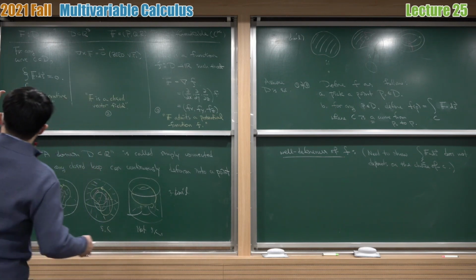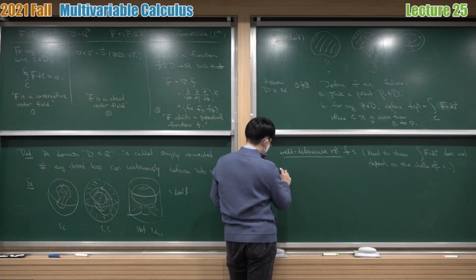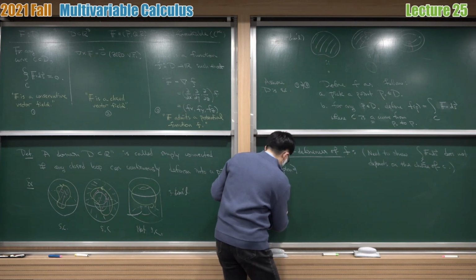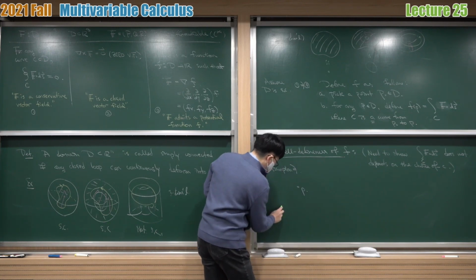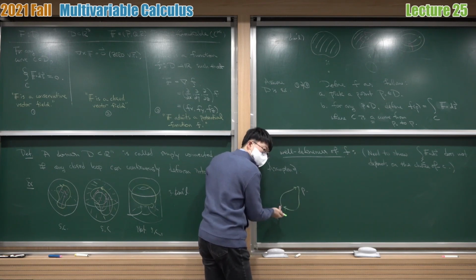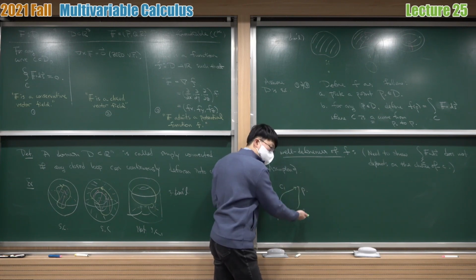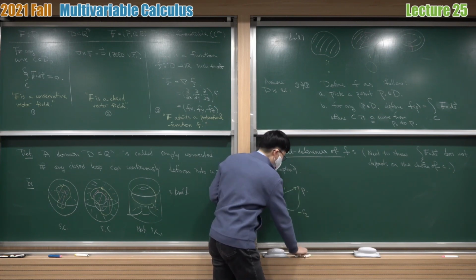I mean, always zero. That means this assumption implies that if you have a point P0 and P here, and you pick a closed curve, then if you go back and forth, the line integral is always 0. So let's say we have C1 in this direction, and this is minus C2 direction, where minus means the opposite direction.